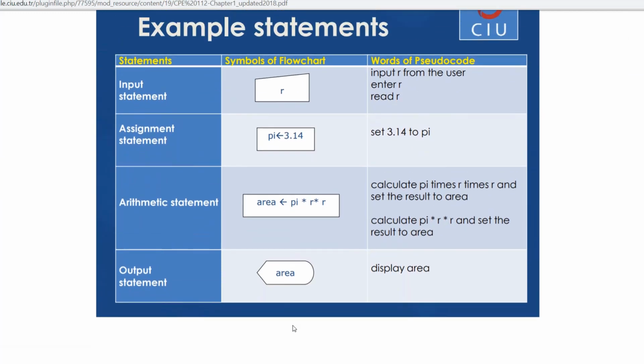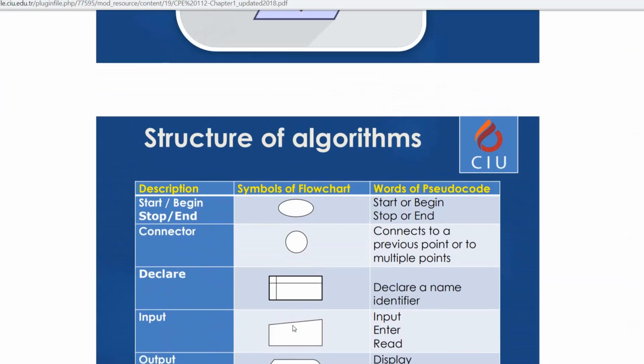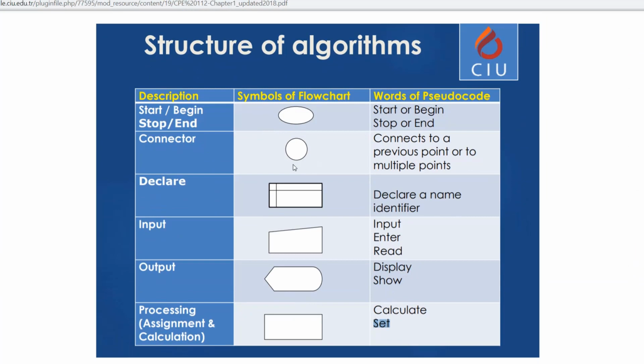There are some examples here, but before I go there, I'm going to talk about the connector. A connector is a circle in a flowchart, and it is used to connect a specific point with another, such as if you come to a certain point in the algorithm that you want to go back to a previous step, or you want to connect it to the end point, you can use a connector.